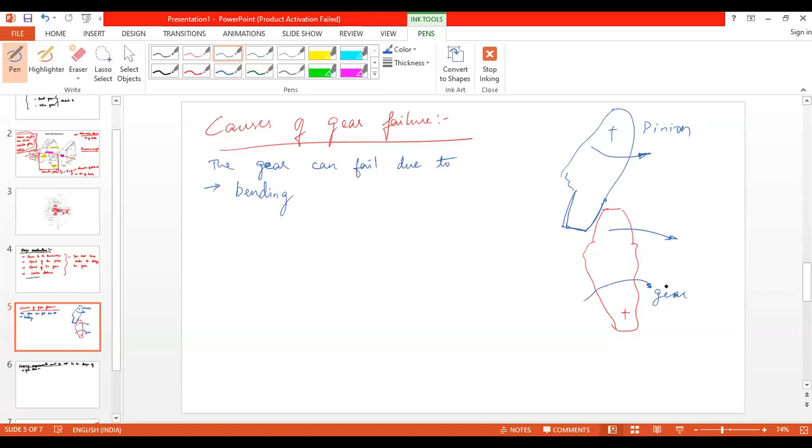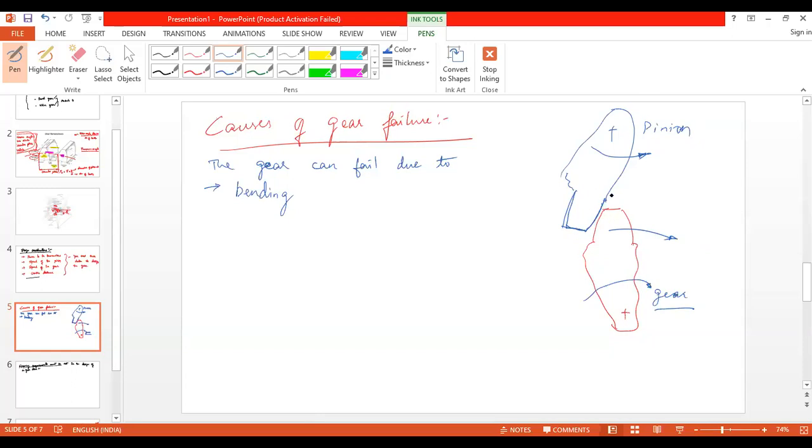The gear will have inertia, that is the self weight, and it may be connected to some other components which will also have some inertia. So the gear tooth of the pinion has to push the gear tooth of the gear.